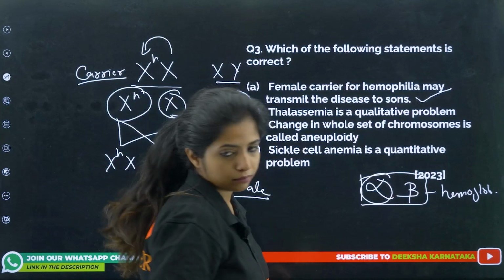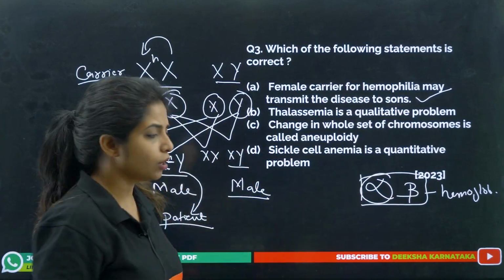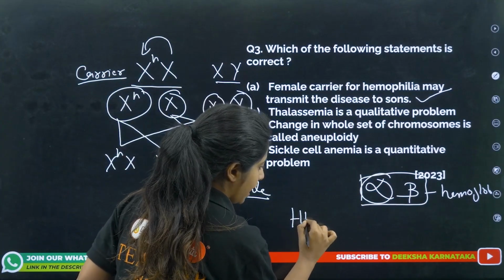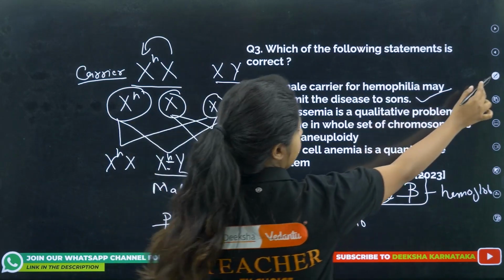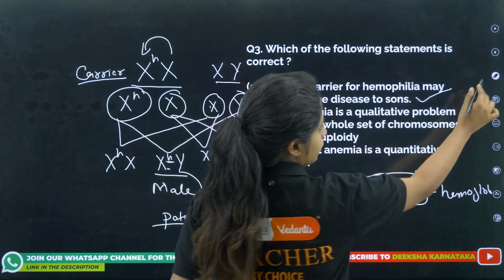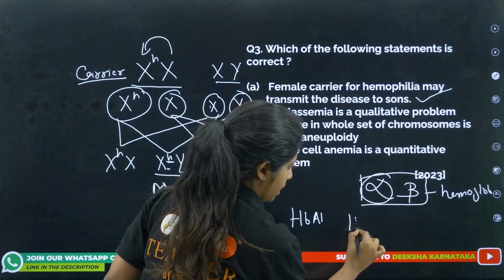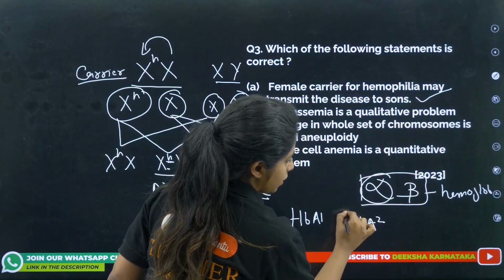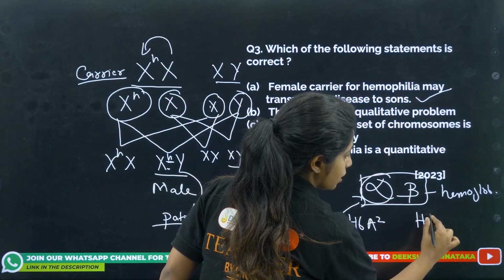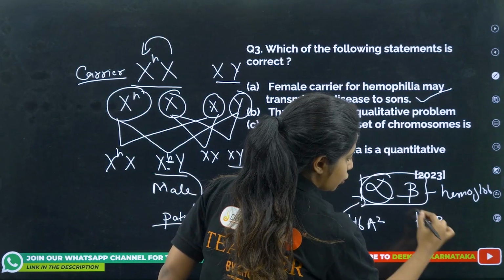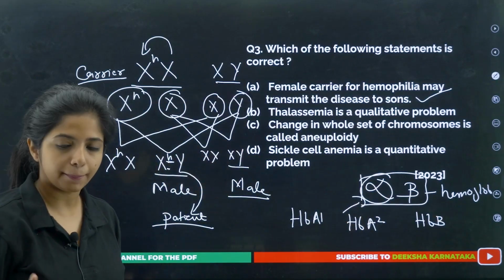Now for alpha, to make this particular protein, you have two genes, HbA1 and HbA2. For the beta protein, you have HbB. That's all.